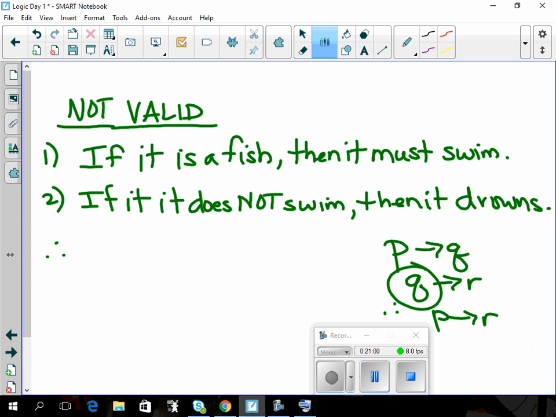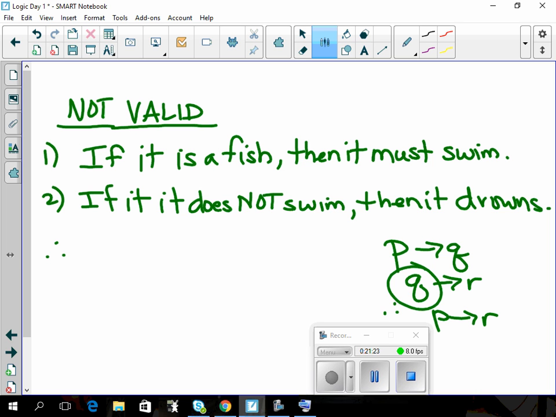The problem is with that. Look, what's the word that should not be there? Not. Doesn't this say not swim? Does this say not swim? These have to be the same thing. Does that make sense? So this is not valid.